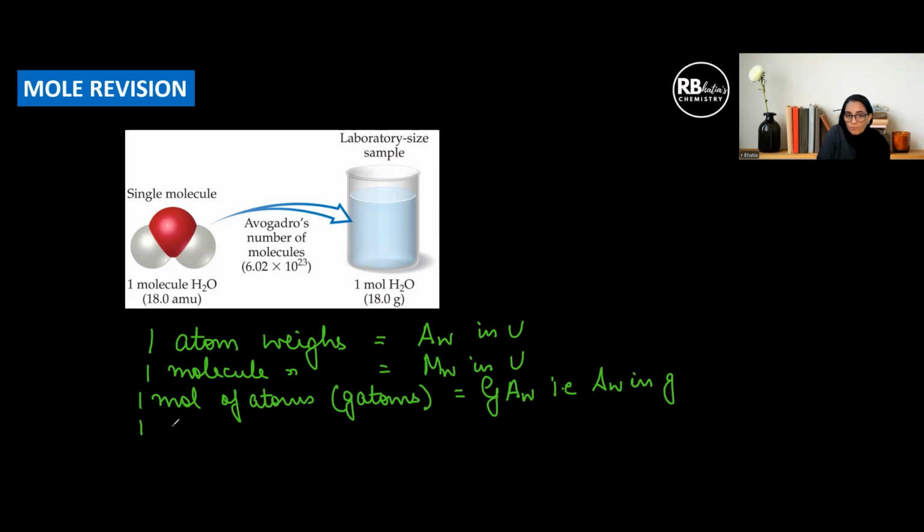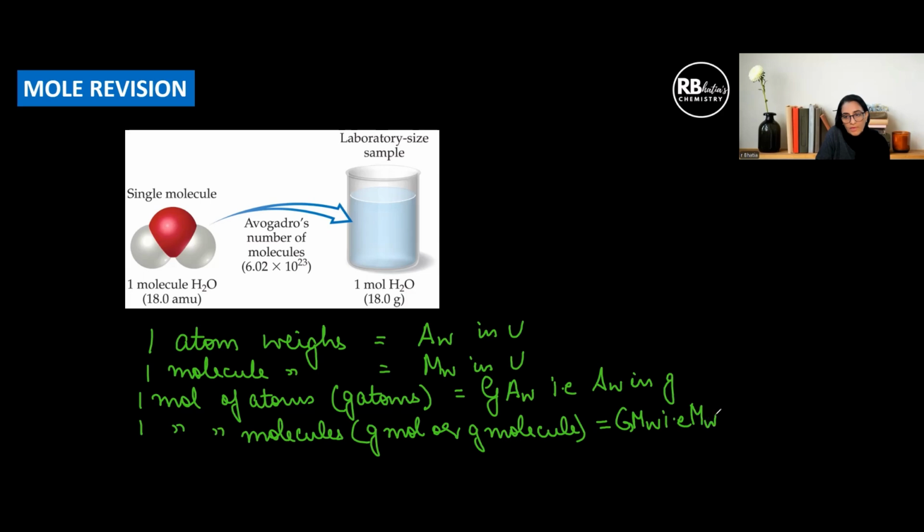And one mole of molecules, that is Avogadro number of molecules, we also call gram mole or gram molecule. This is equal to gram molecular weight, that is molecular weight in gram.